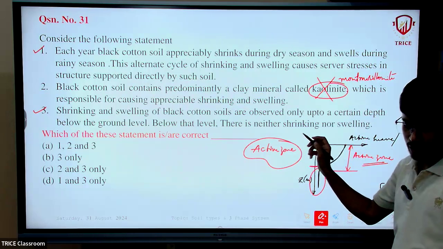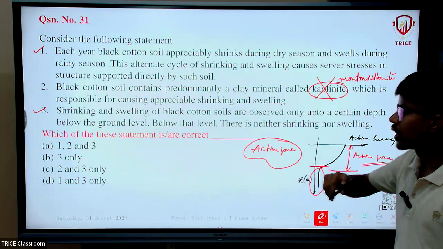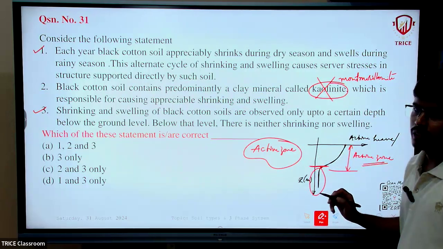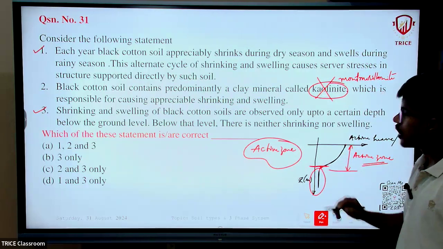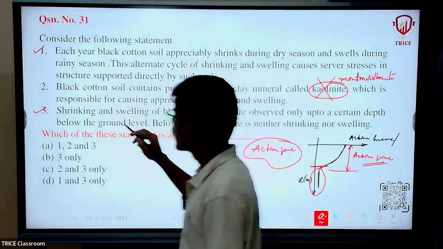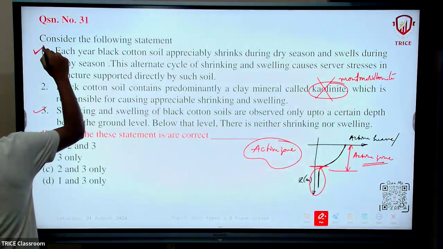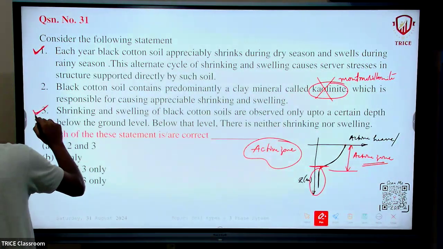We have the John D. Nelson method to determine the active zone. So for this question, only options 1 and 3 are correct.